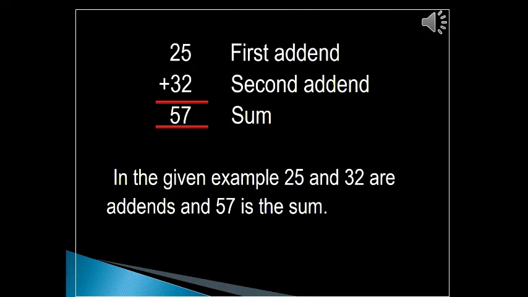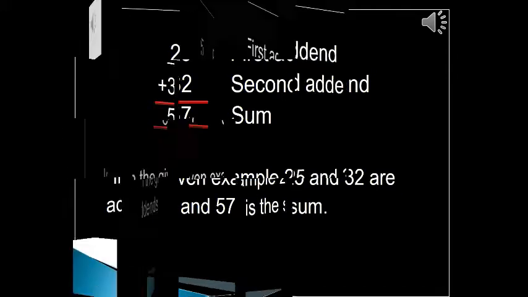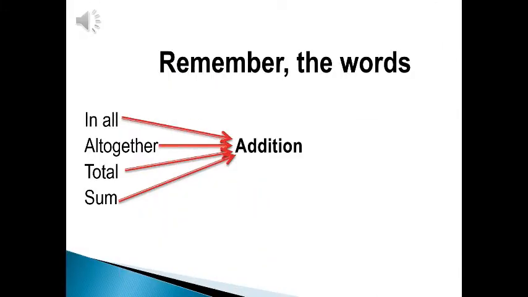In the given example, 25 and 32 are addends and 57 is the sum. Remember all these terms: words like all together, total, sum are used for addition.